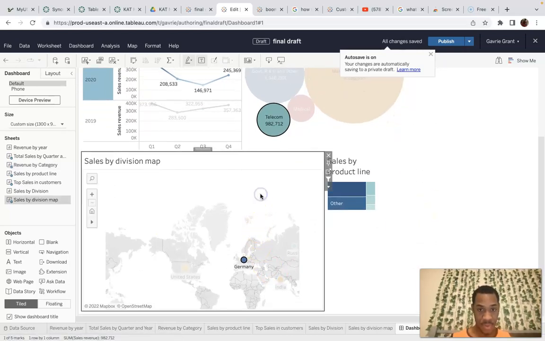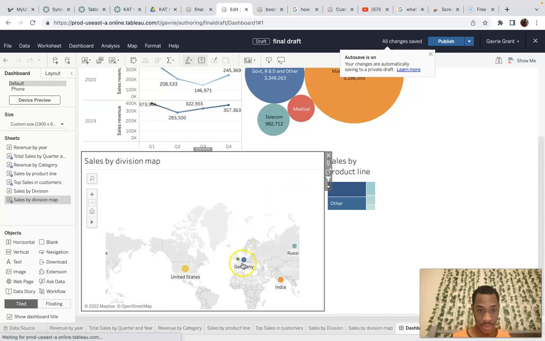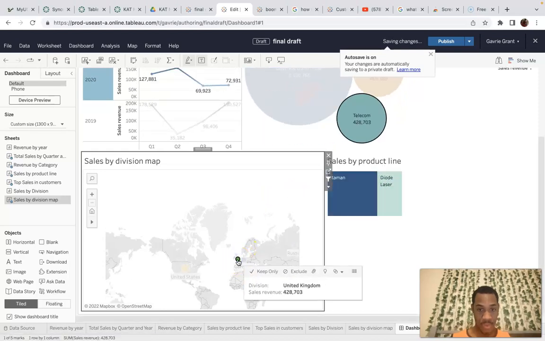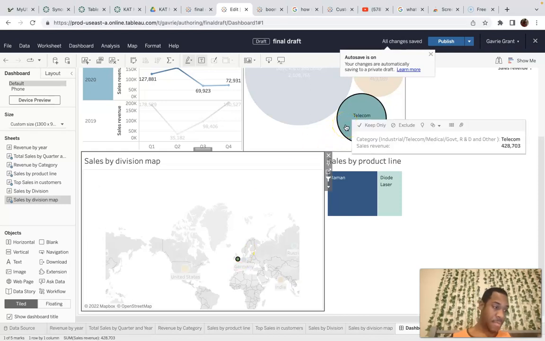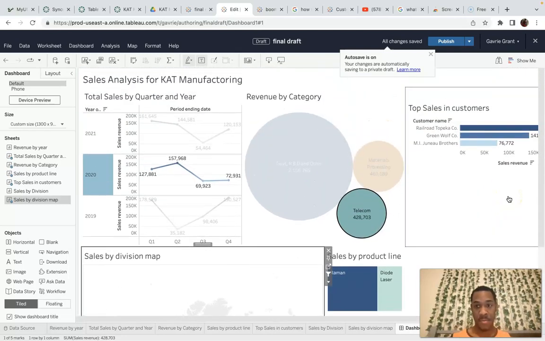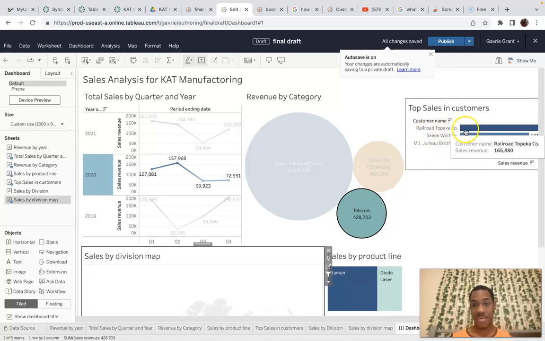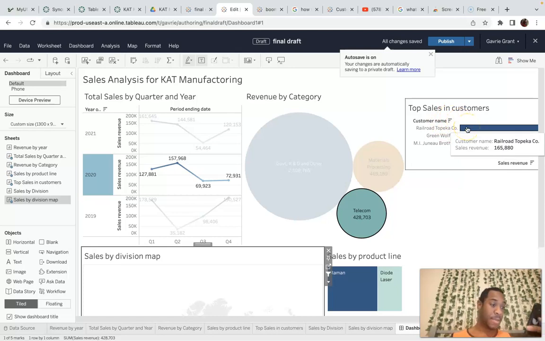Let me click outside of this. I think this is UK. And we're looking for which quarter had the highest sales. We see that here, and we see the Railroad Topeka Company. They had the highest sales in that category, 2020.